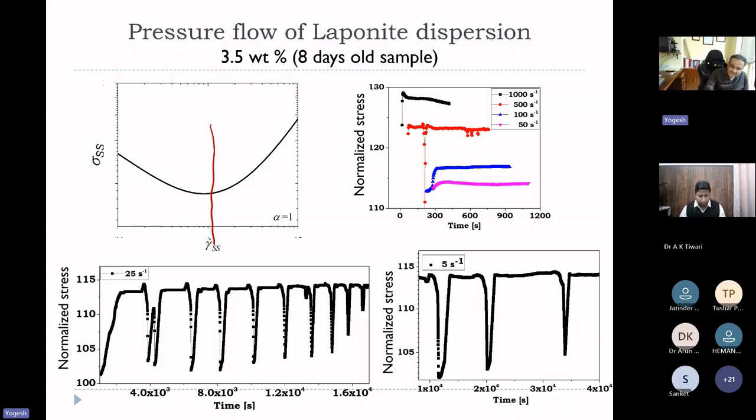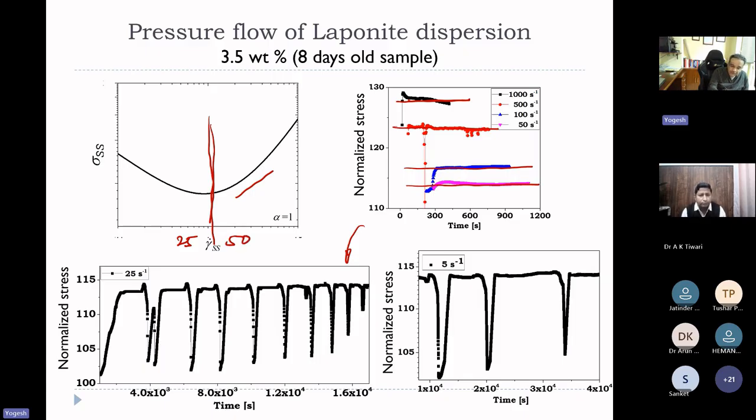For high stresses, we see a constant stress. For 1000 per second, we get this value. For 500, we get this value. For 100, we get this value. For 50, we get this value. But for 25, we get continuous oscillations. So somewhere this line is between 25 and 50.